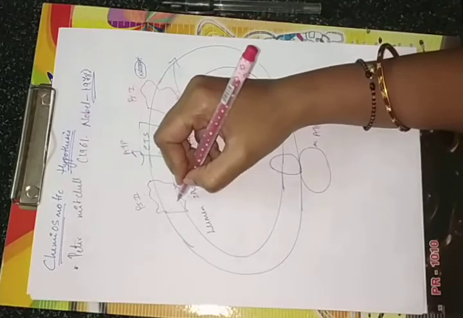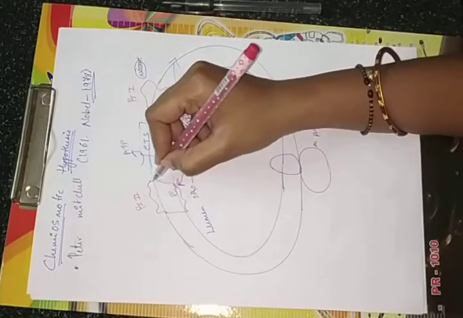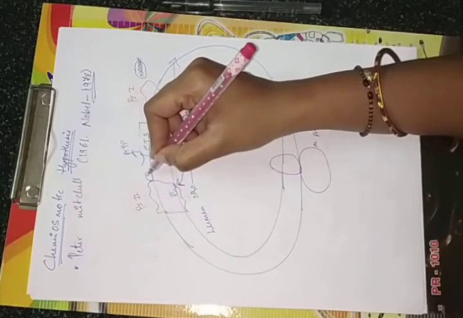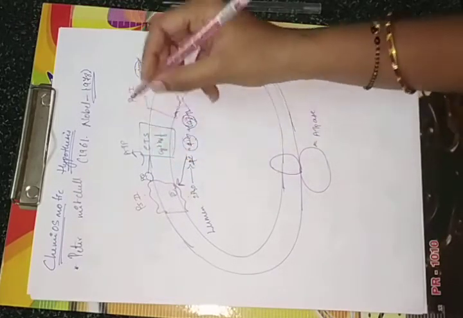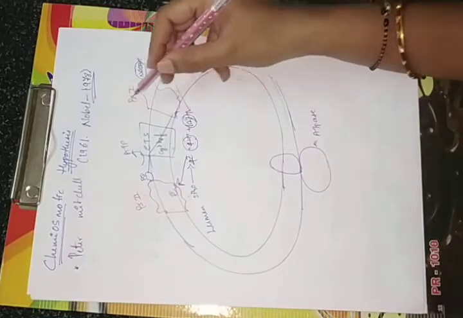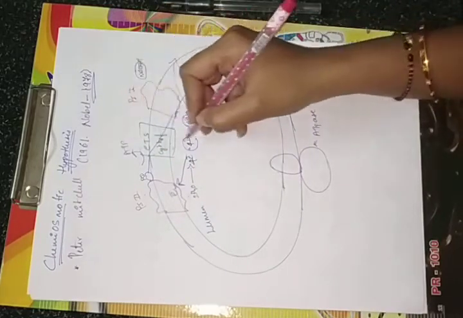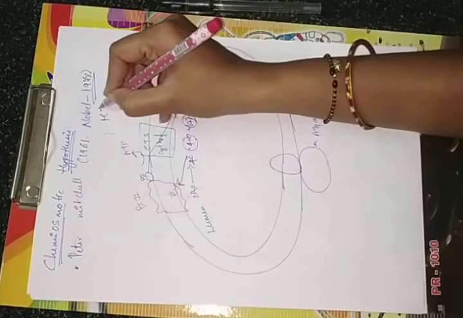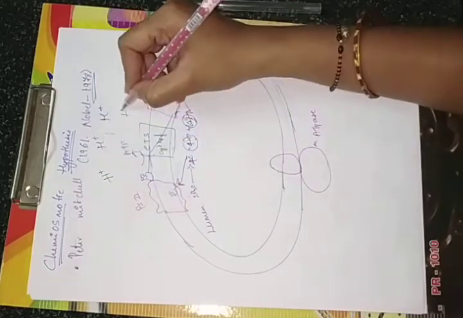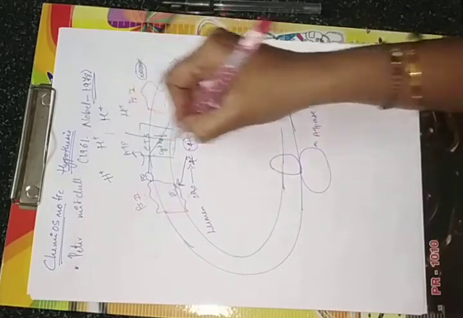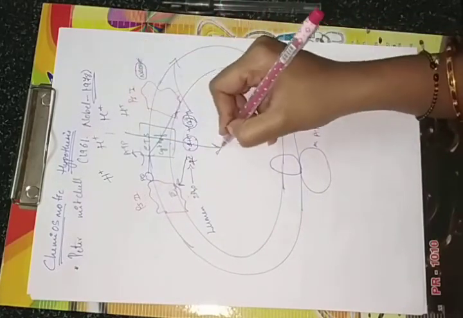Means when these electrons are carried to the plastoquinone and then through the electron transport system to PS1, while doing so, hydrogen ions from outside, that is in the stroma, are going to be picked up inside.